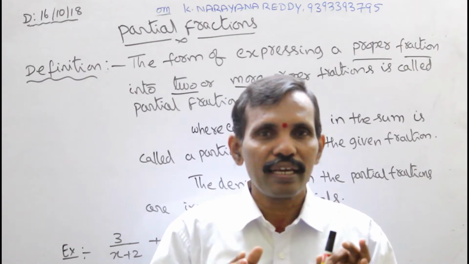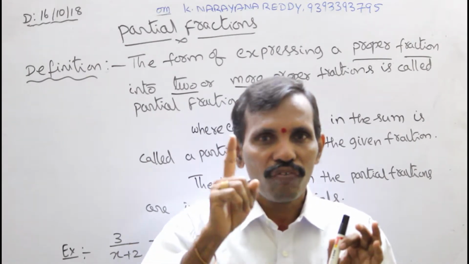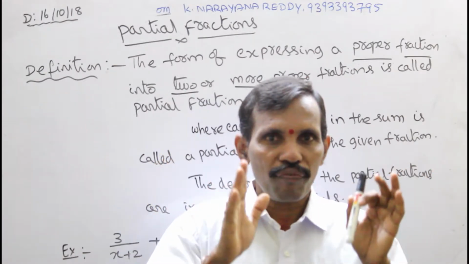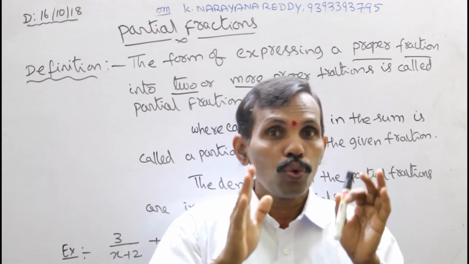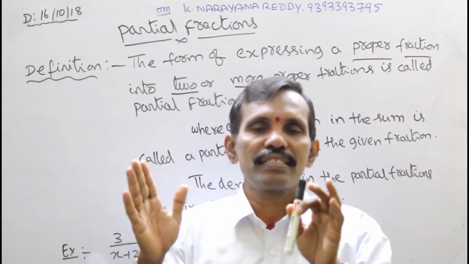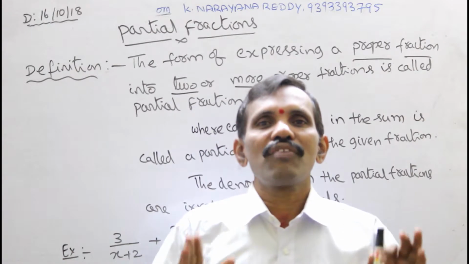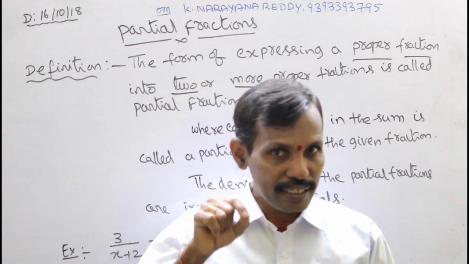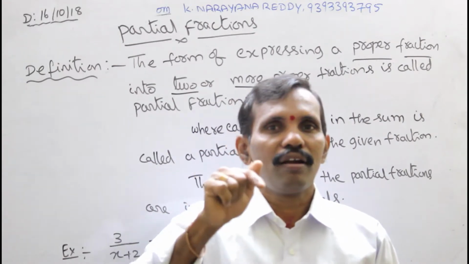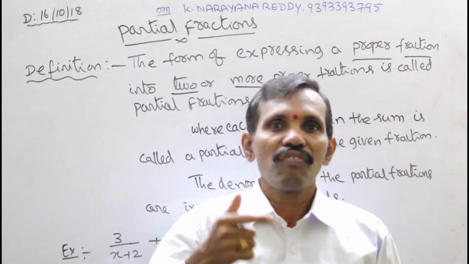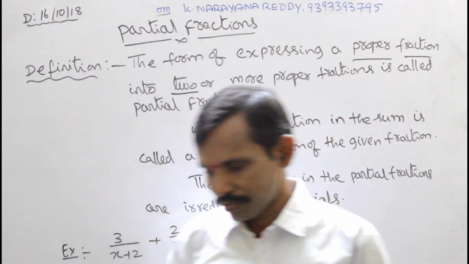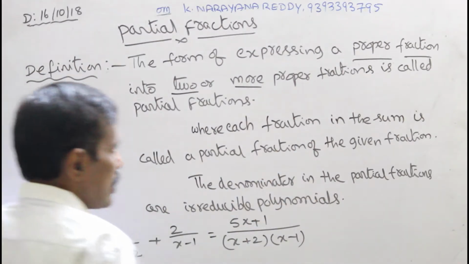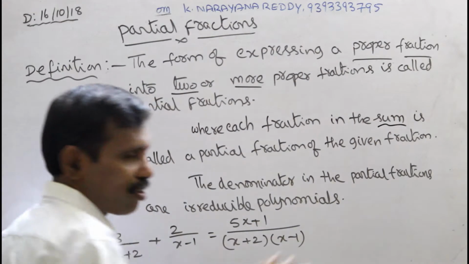Here also the same meaning. One function, one fraction can be divided into parts. One proper fraction can be divided into two or more fractions, which is called partial fractions. Each fraction in the sum is called a partial fraction of the given fraction, where each fraction in the sum means two or more.